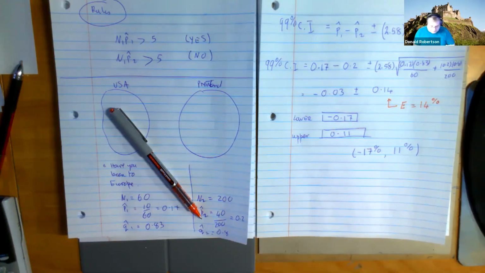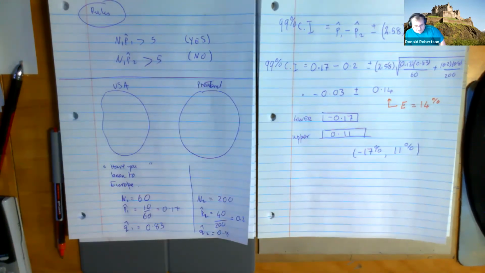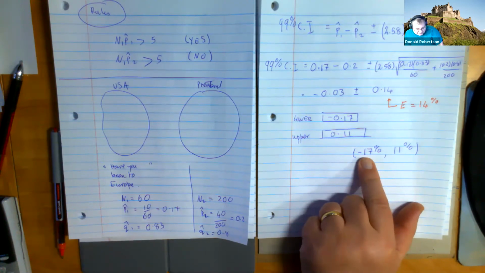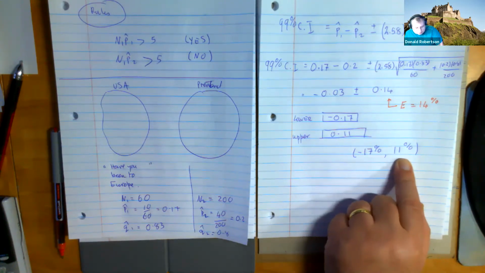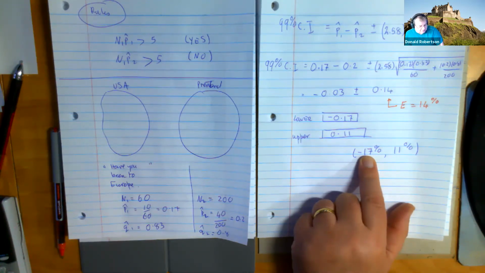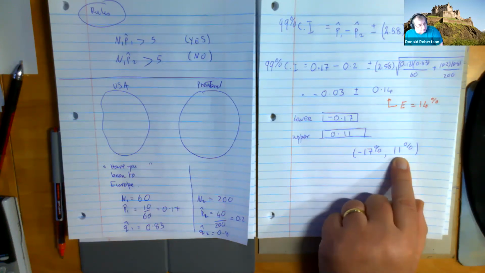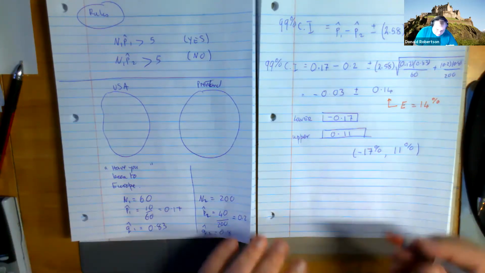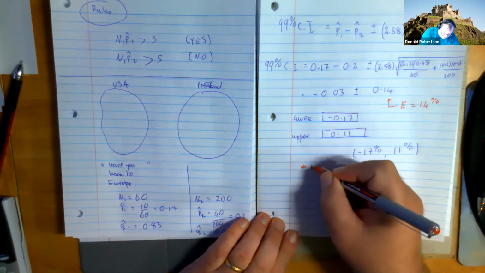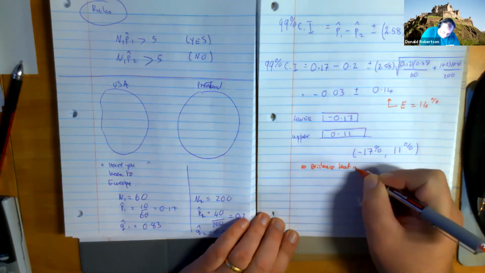We are saying that the difference between America and this pretend country is somewhere between negative 17% all the way up to positive 11. Now, on this side, it means that the first one's less than the second, right? Less Americans go than the pretend country. On this side, doesn't it, because it's positive, mean that more do? So in this case, there is no evidence that one is bigger than the other.